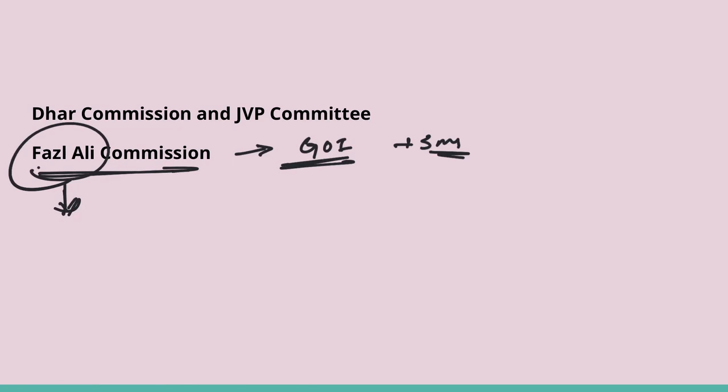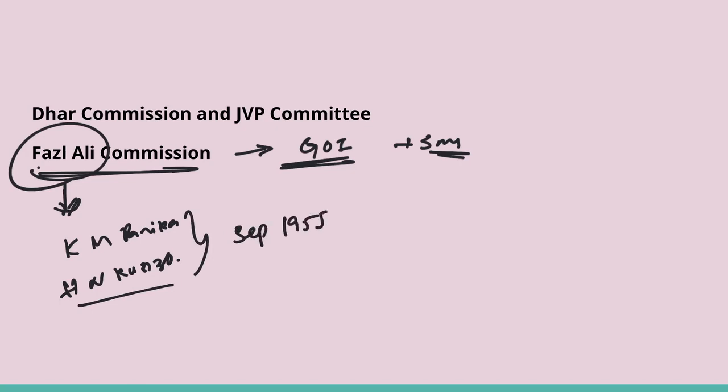Its other two members were K.M. Panikkar and H.N. Kunzru. It submitted its report in September 1955. The Fazal Ali Commission accepted language as the basis of reorganization of states, but it rejected the theory of one language, one state.